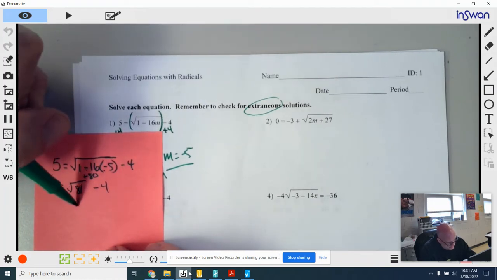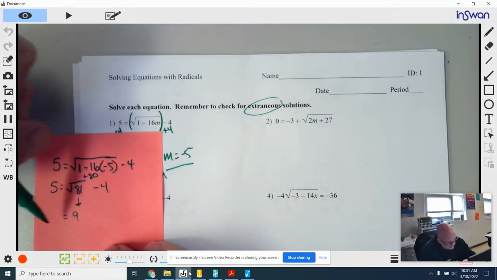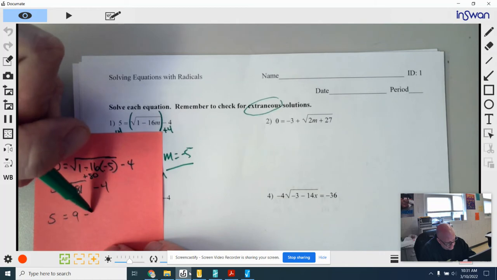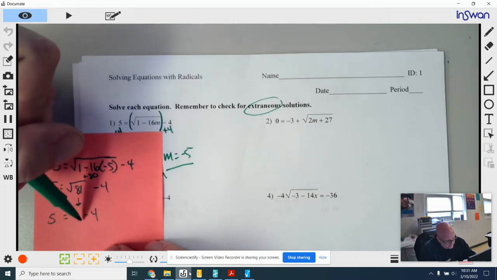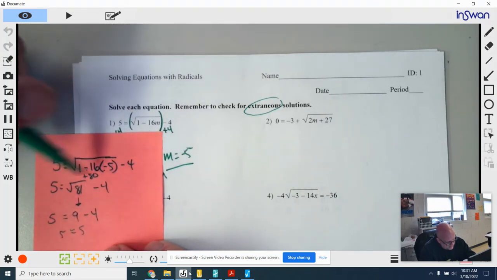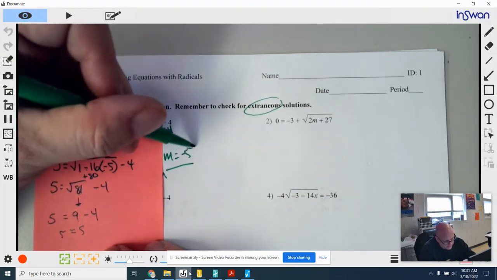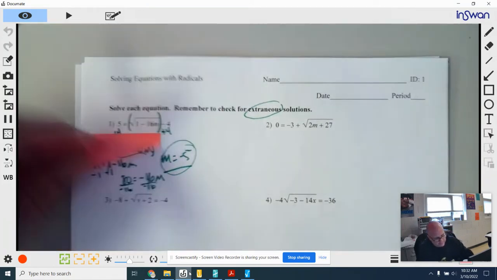The square root of 81, we know it can be positive or negative 9. So in this case, I'm just going to use the positive one. 5 equals 9, take away 4. Yeah, that's true. So 5 does equal 5. And that's when I plugged in the negative 5, it made the equation true. So this one is a valid solution. It is not an extraneous one.